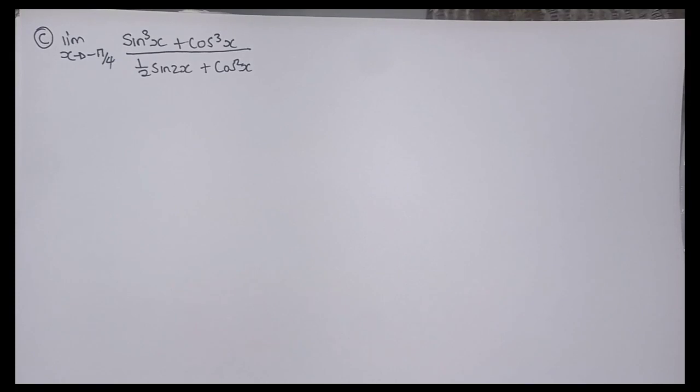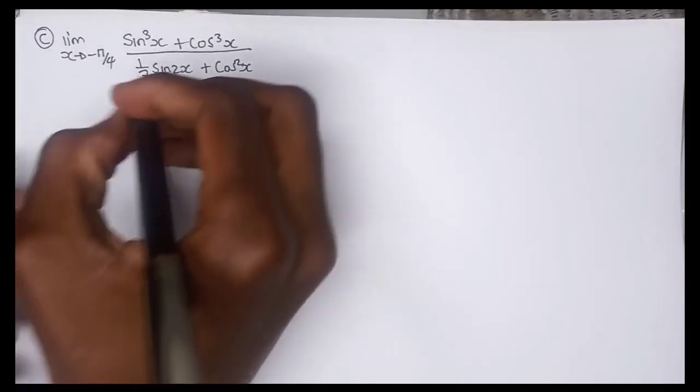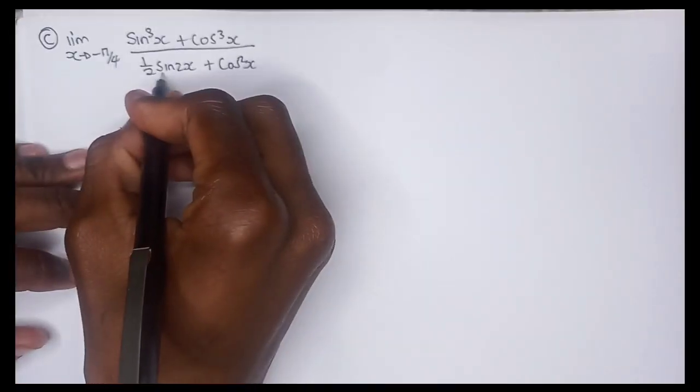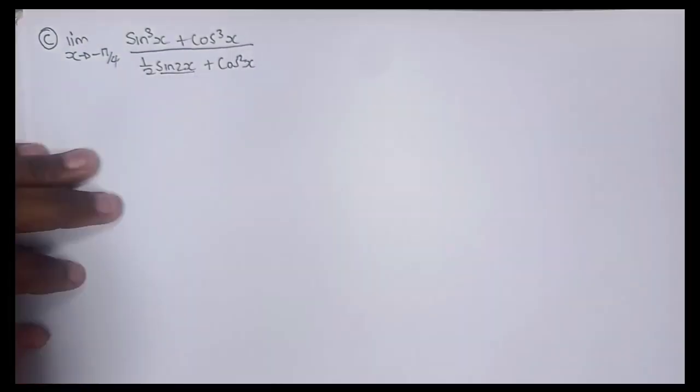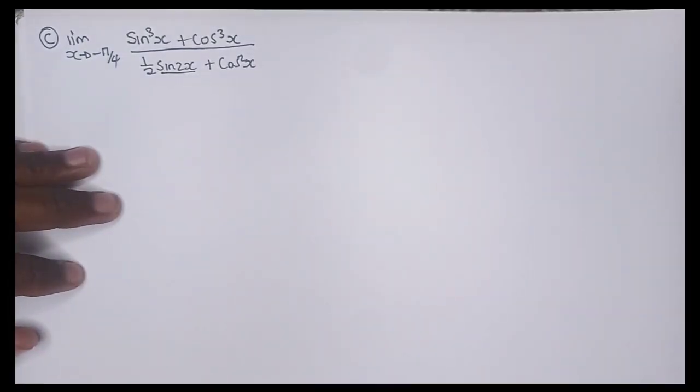The limit as x approaches negative pi over 4 of sine cubed x plus cosine cubed x divided by half sine 2x plus cosine squared x. So what you need to do first is to change the sine 2x using the double angle strategy, that is the same as 2 sine x cos x.